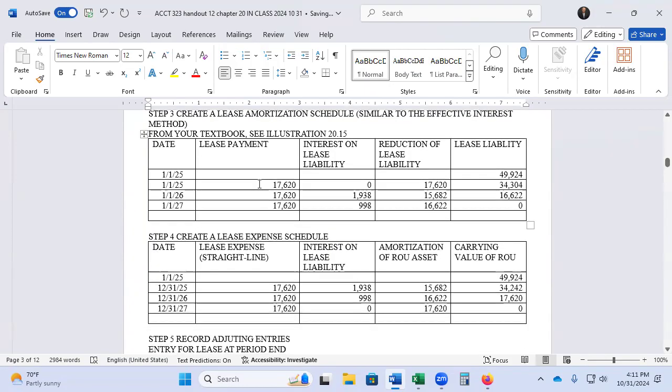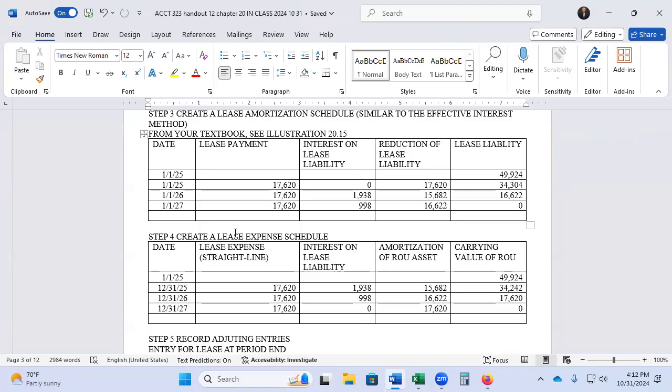Now, these are the same steps, but I pulled this out of your textbook. So this example will be exactly the same as the one in your textbook. So first we have to create a schedule for the effective interest method. But really what we want to do is inform our lease expense schedule.